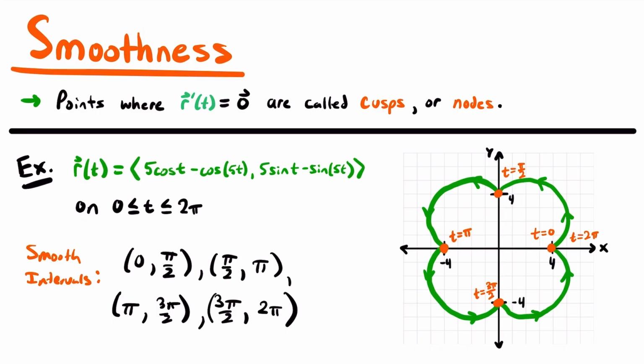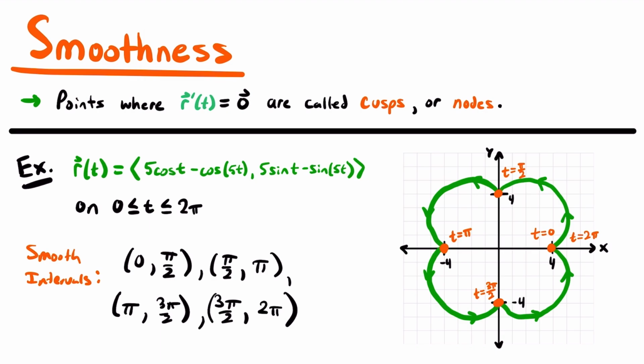And if you think about it even further, it does make sense because these nodes, or the points where the curve is not smooth, those are where the derivative of the vector function equals 0, which means it's just the 0 vector. And so that means that the tangent vector is just the 0 vector, but that doesn't really make any sense because the 0 vector is just a point. The 0 vector doesn't really give you any direction.